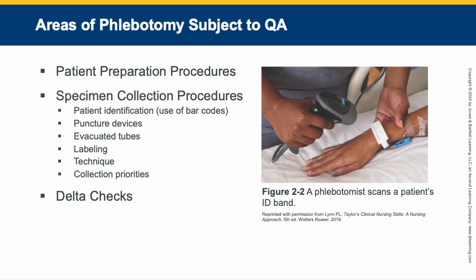Okay, so what if that lab tech would have let that 110 go? That would have told the doctor that that patient was better, but really that patient was not better. Okay, so Delta checks are another way to check that the phlebotomy part is correct.